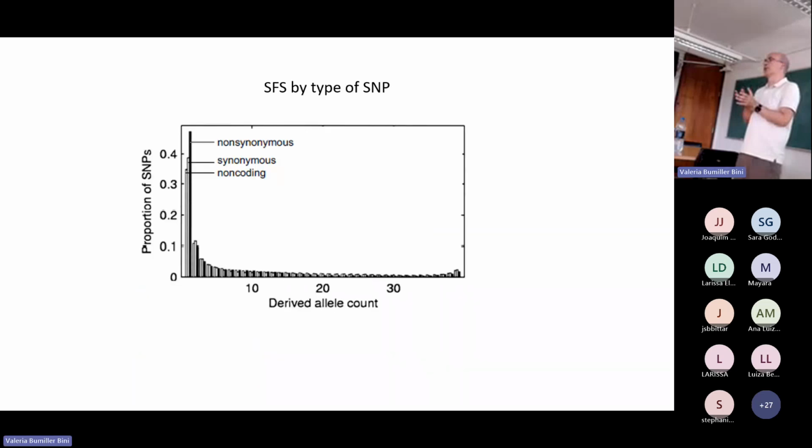And you can also add a functional and thus selection aspect to the site frequency spectrum if we take into account the different functional classes, the usual non-coding, synonymous, non-synonymous.